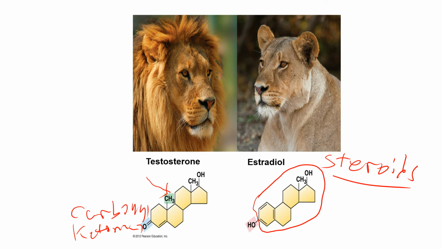And then when you're looking at estradiol, you have your hydroxyl group. So these very slight differences in functional groups have an effect on whether you have testosterone or estradiol, so whether you end up with a male or female.